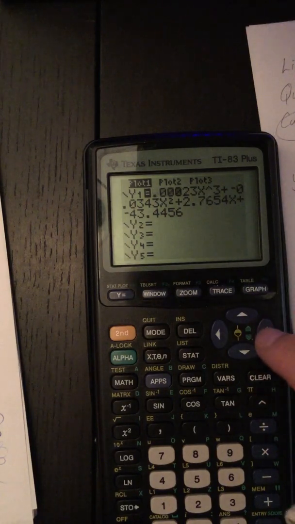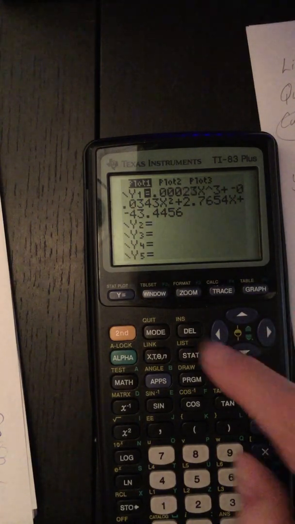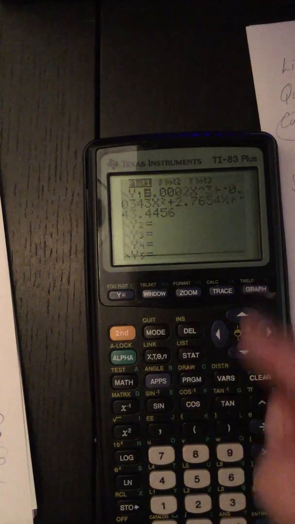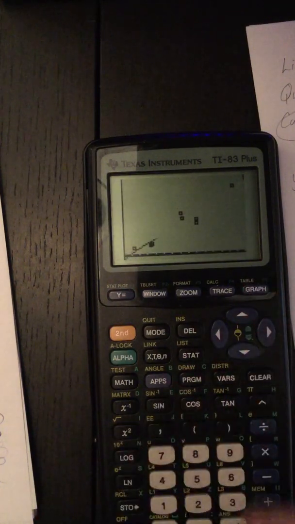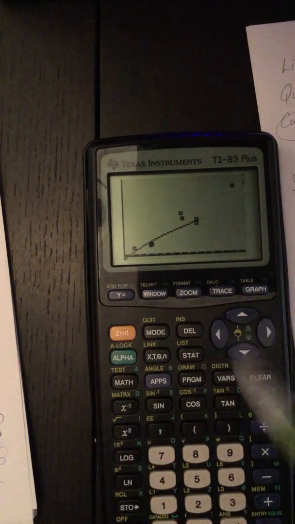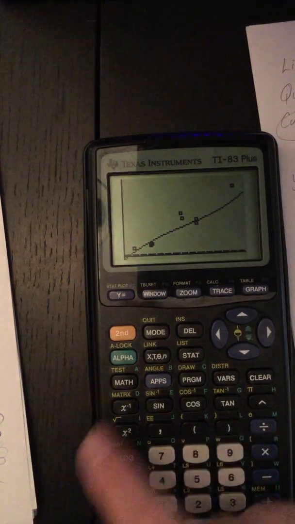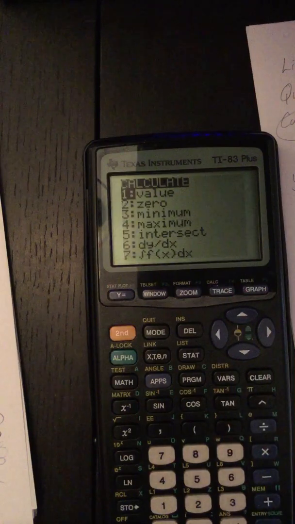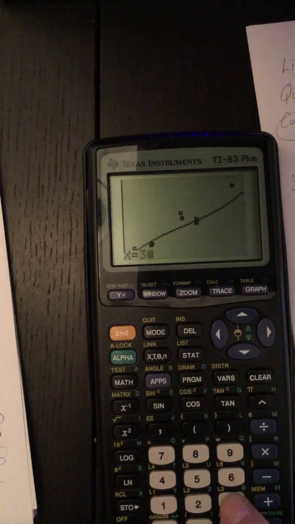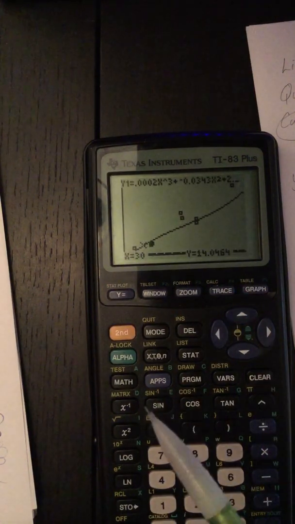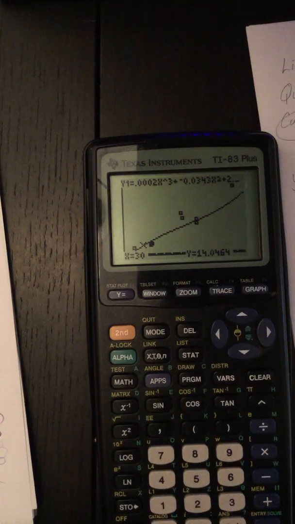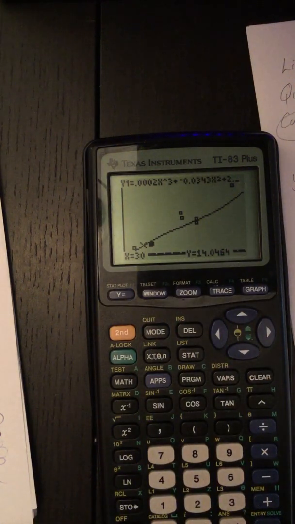So this would be slightly different if I delete that 3 and graph it. It looks very similar, but if I put these values in, just changing 1 decimal is going to have an impact, because look what happens. If I go second trace value and I do 30, I get 14.0. Okay, so it can change it that much if you take out 1 digit.